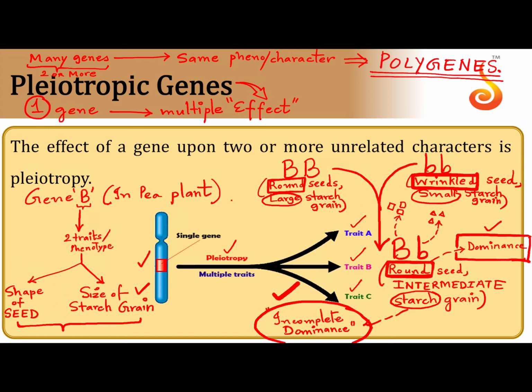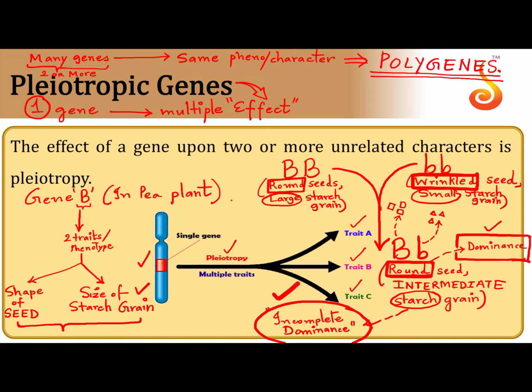A gene codes for a specific protein. It directs the synthesis of a protein. So gene capital B is coding for a protein. Gene small b is coding for a protein. Those proteins, how they are going to interact, what kind of biochemical pathways they are going to carry out in a cell, you cannot predict that. So that interaction is resulting in the formation of a starch grain size which is neither large nor small.